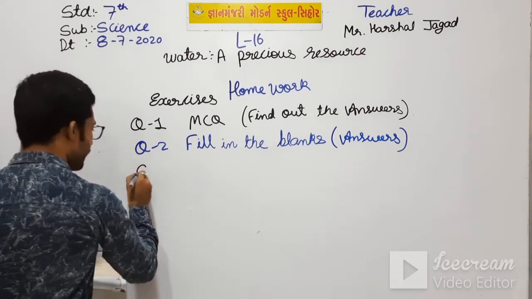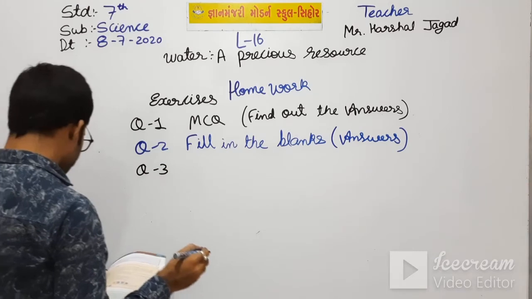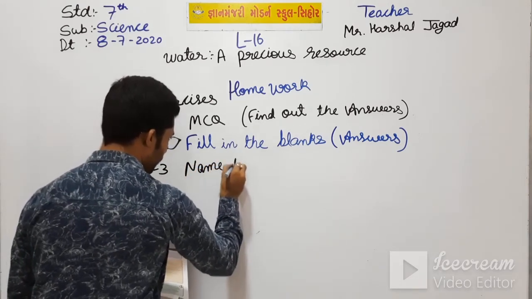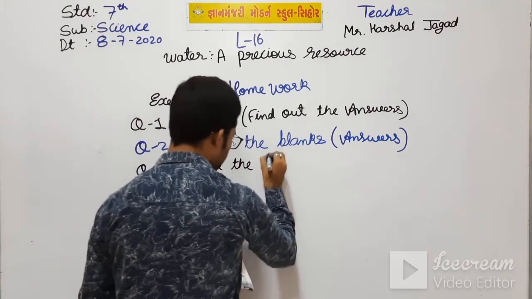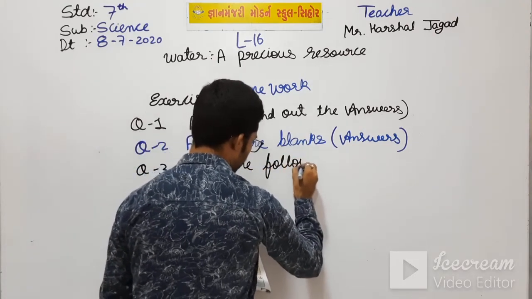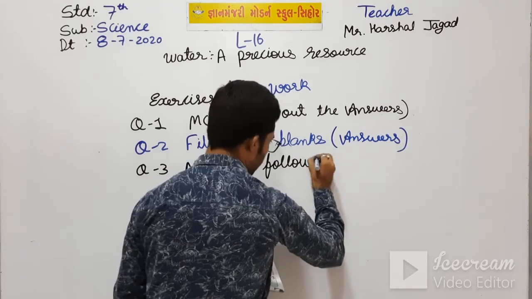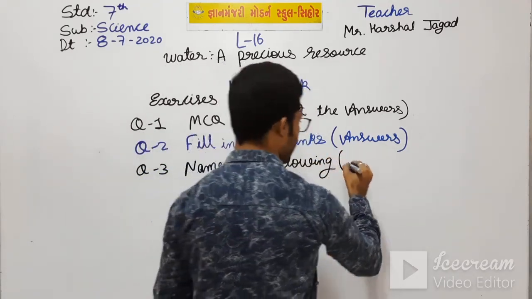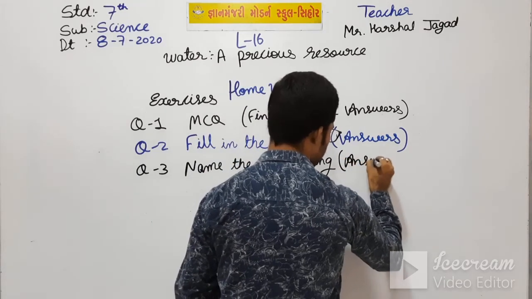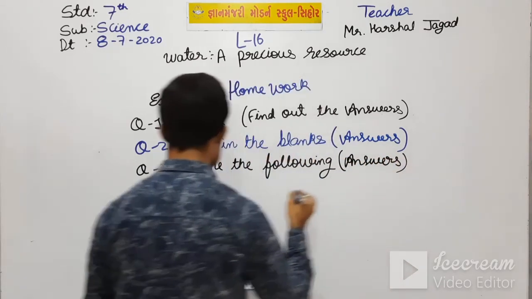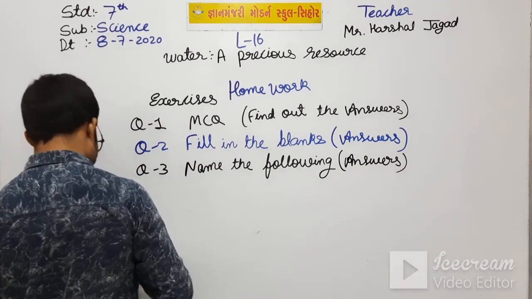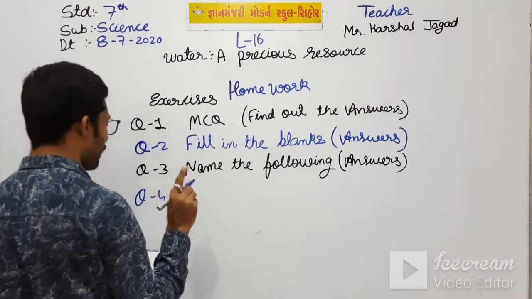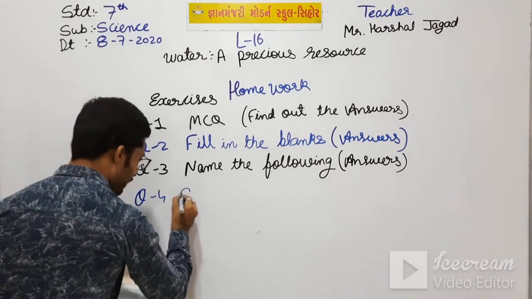Question 3 is name the following, and in this also you have to find out only the answers. And the last, question number 4, is question answers.